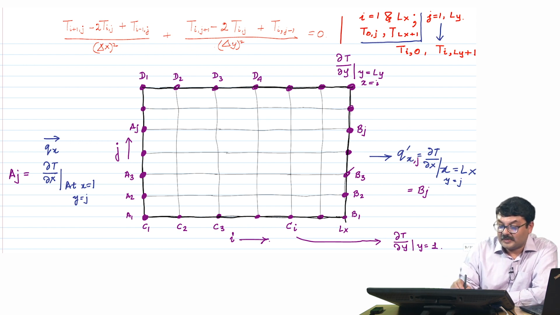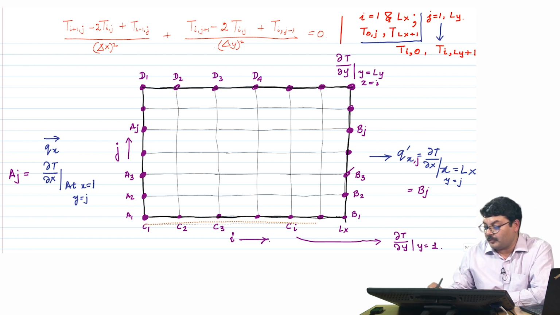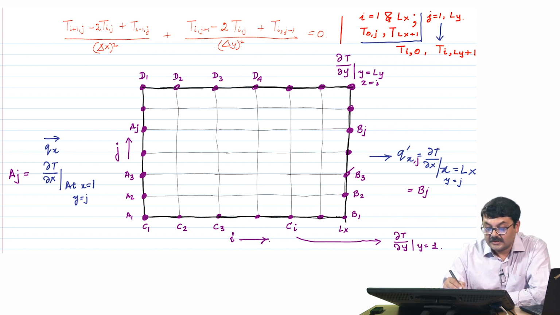But in today's class, what we are discussing is that what is specified is not the temperature, but the heat, right, at, suppose, this boundary, and what is the heat flowing in or out at this boundary, and what is the heat flowing in or out at this boundary, and this is the last boundary, right. So, the temperatures at these points can change and they can be updated.